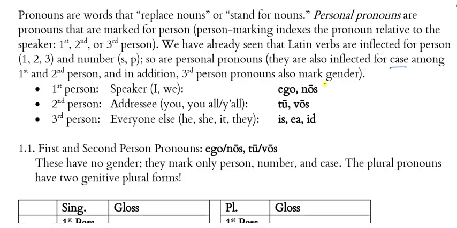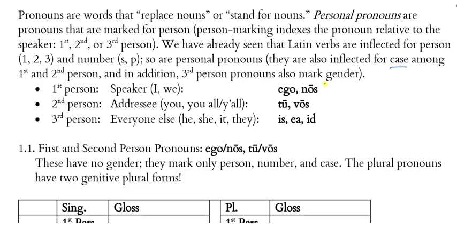So anything that is first person is speaker, and that could be singular or plural. So I, singular, am a speaker, and if I and those associated with me are doing something, it's we. And the pronouns that mark first person are ego and nos.